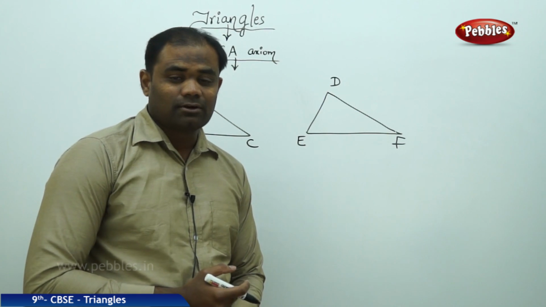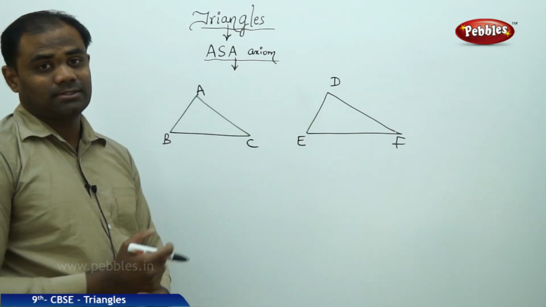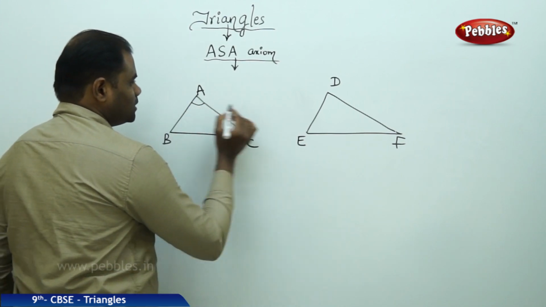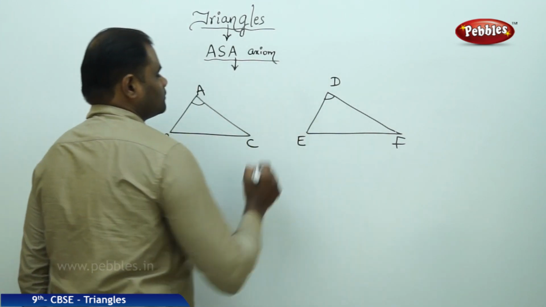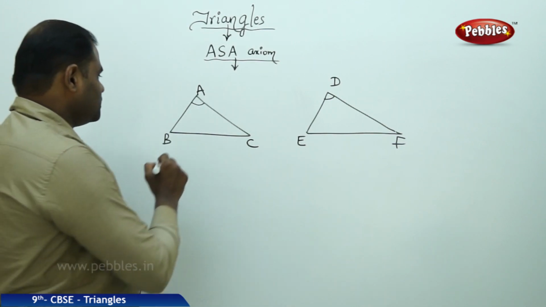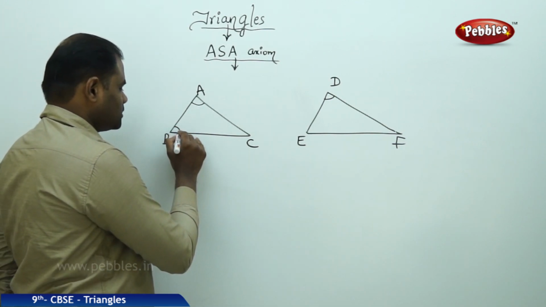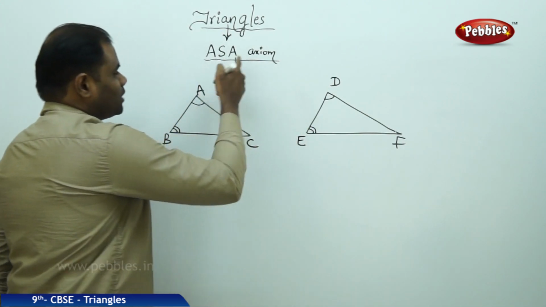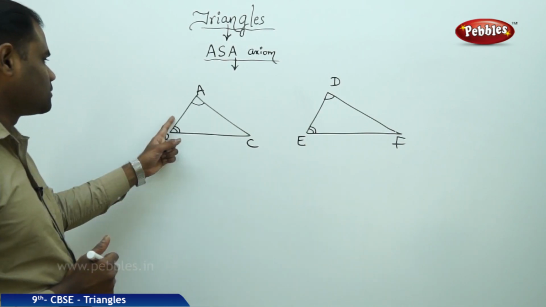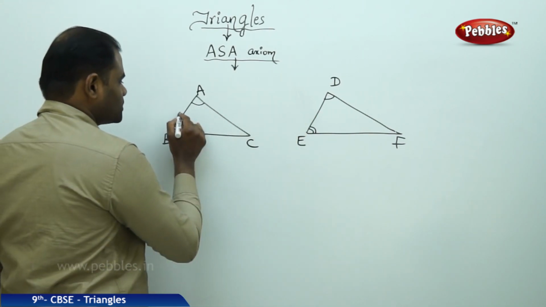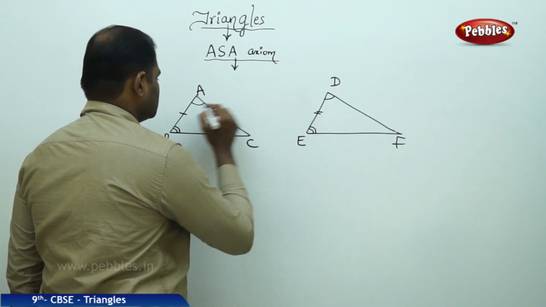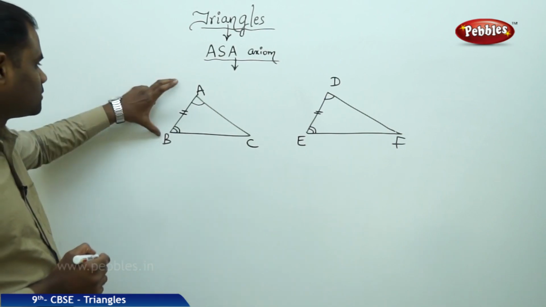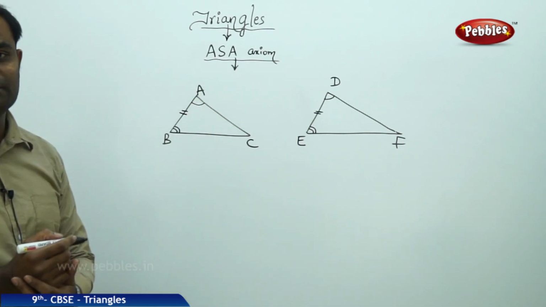Now let's see the congruency through ASA axiom. Now let's say my angle A out here is equal to angle D, and my angle B out here is equal to angle E. So with the two angles being equal, my inclusive side is AB, which should be equal to DE.